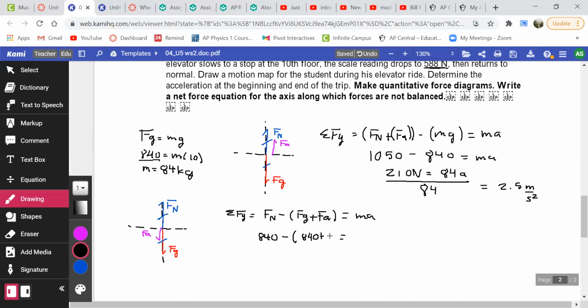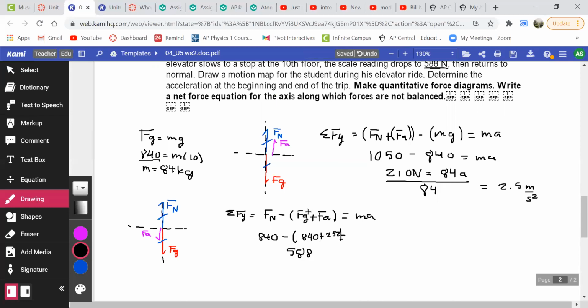And then what value would give you 588 for this right here? What's the difference between 588 and 840? It is 252. So that applied force has to be 252. So 840 minus 252 gives you 588. Does that make sense?